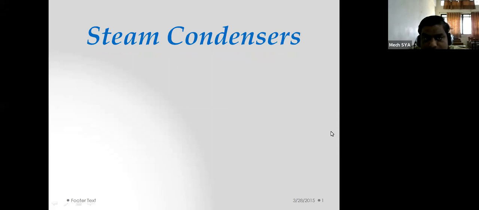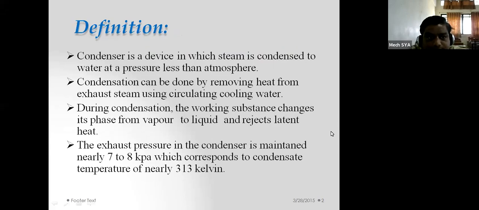So steam condenser, we'll define steam condenser. A steam condenser is a device in which steam is condensed to water at a pressure less than atmospheric, that is vacuum. Condensation can be done by removing heat from exhaust steam using circulating cooling water. So cooling water we are using to cool that particular steam.